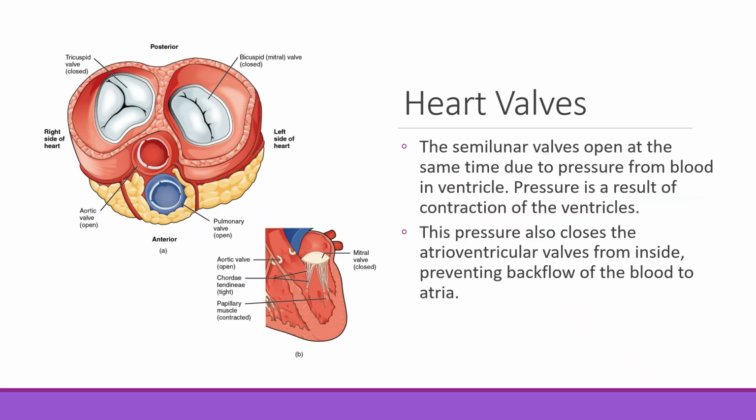The semilunar valves open at the same time as well, and that is due to the pressure from the blood in the ventricles. The pressure is a result of the contraction of the ventricle. As the ventricle contracts, it puts pressure on the inside of the closed valve and causes it to open. This pressure also closes the AV valves from the inside, which prevents the backflow of blood into the atria.